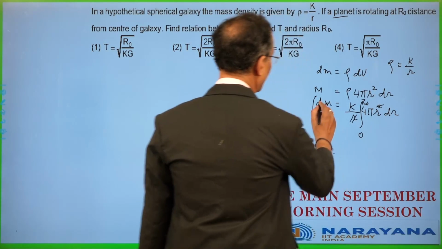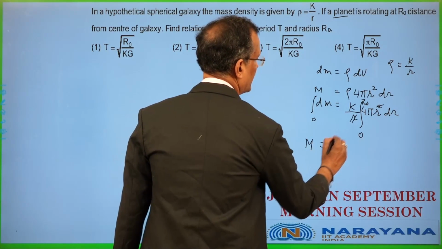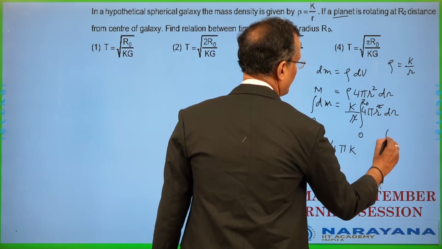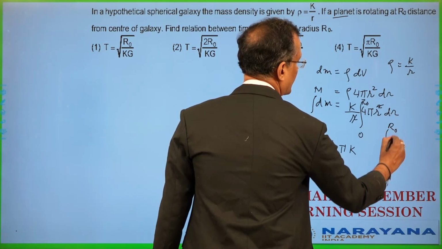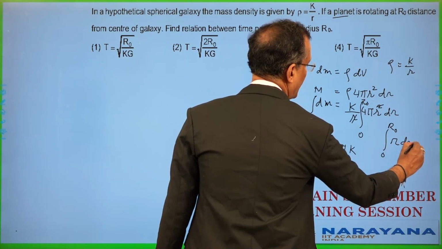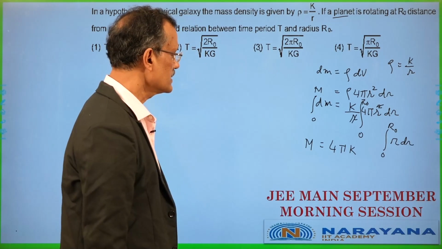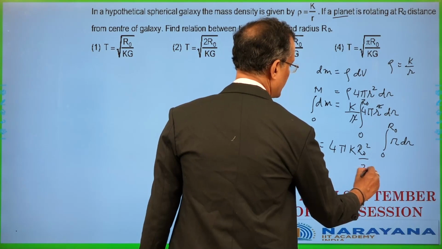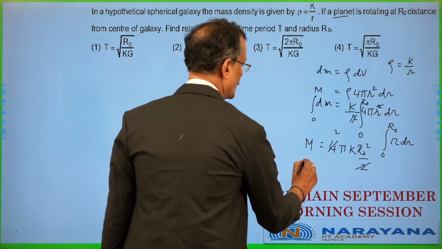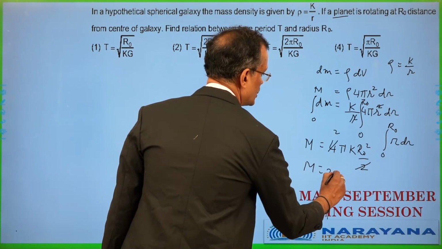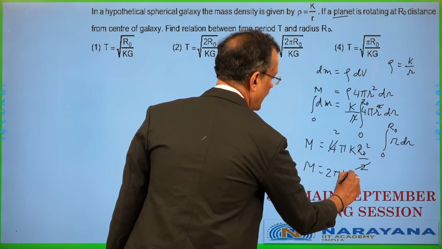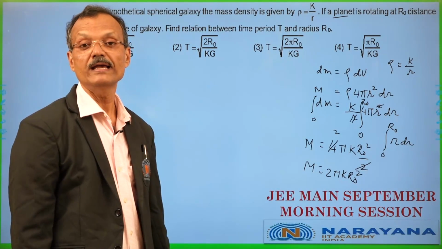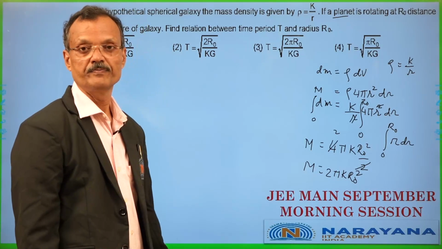So this will become M, 4 pi K. Integration of 0 to R naught, R dr will become R naught squared by 2. Here it is 2. M will become 2 pi K R naught squared. So you have 2 pi K R naught squared.